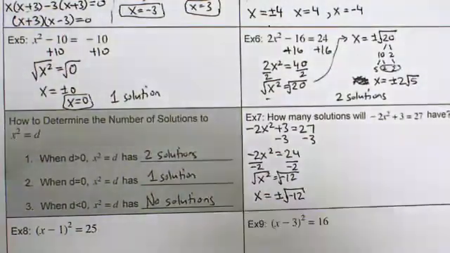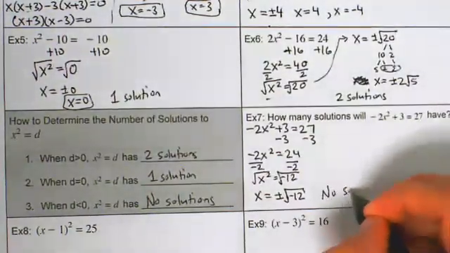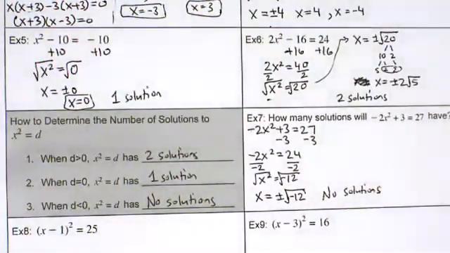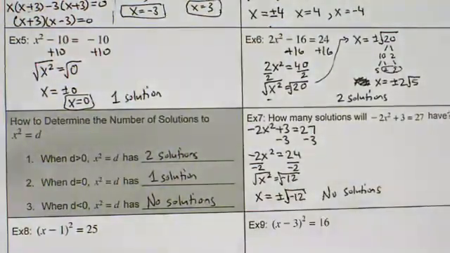So this example has no solutions. Taking the square root of a negative, as far as we're concerned, is illegal. Actually, you don't even need to take the square root. You can just look at x squared equals negative 12 and say, I can't take the square root of that. That would be an illegal operation. And then from there, you know that we have no solutions.